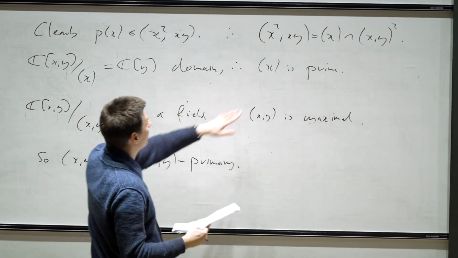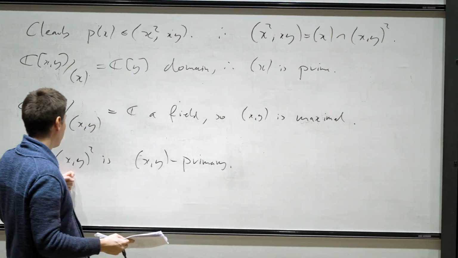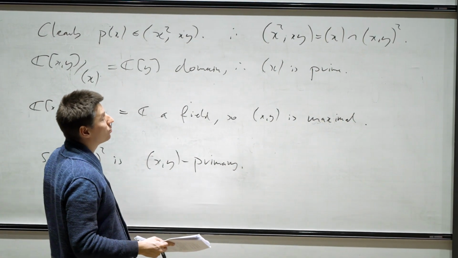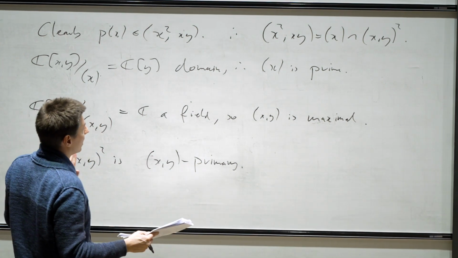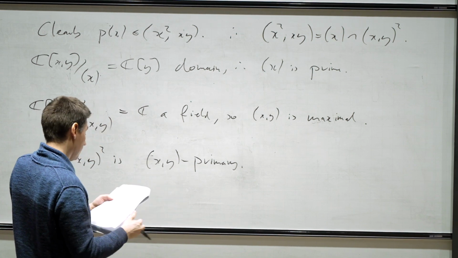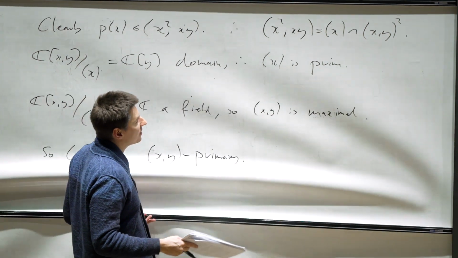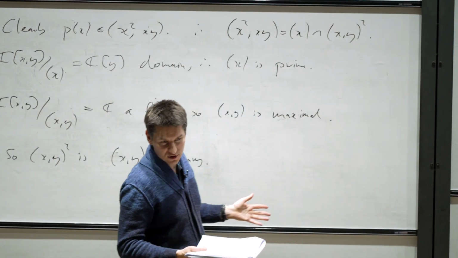So this ideal is prime, so it is primary over itself. This guy is primary over (x,y). Okay, so that's good. So this is a primary decomposition. We didn't check it's minimal, but it is. For minimality, you just need to see that neither of them is contained in the other, which is obvious.